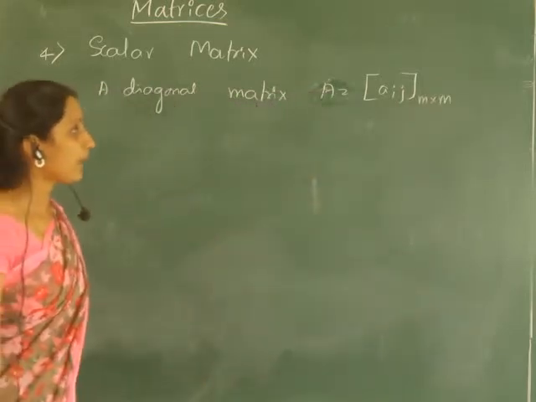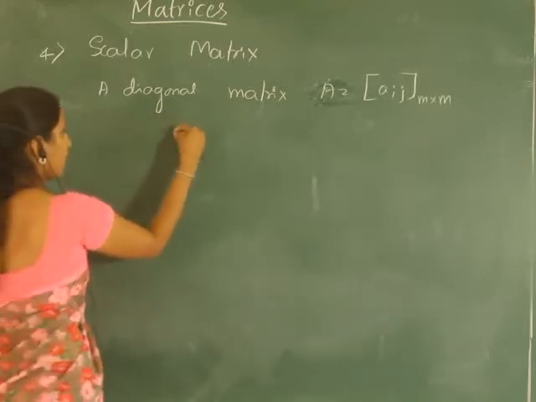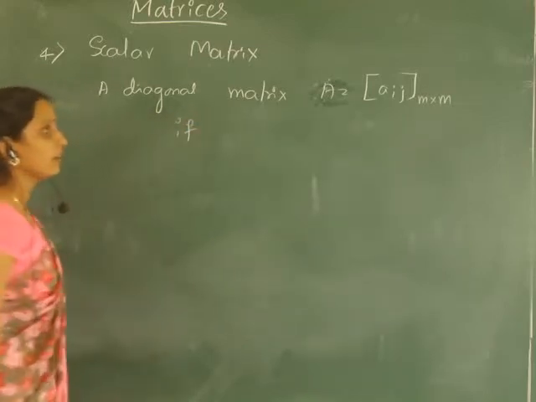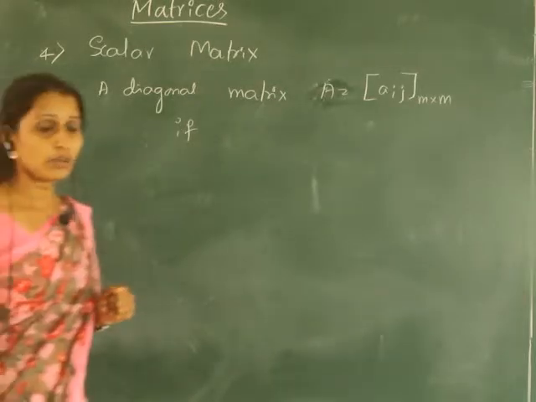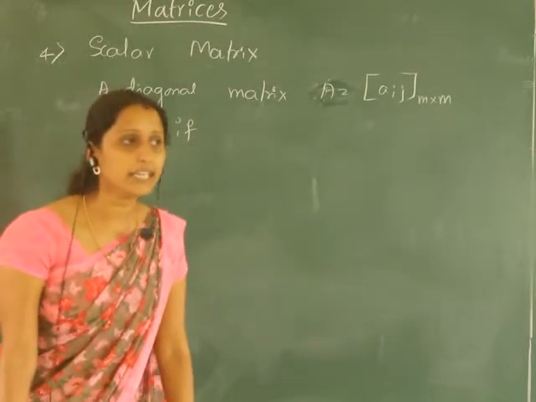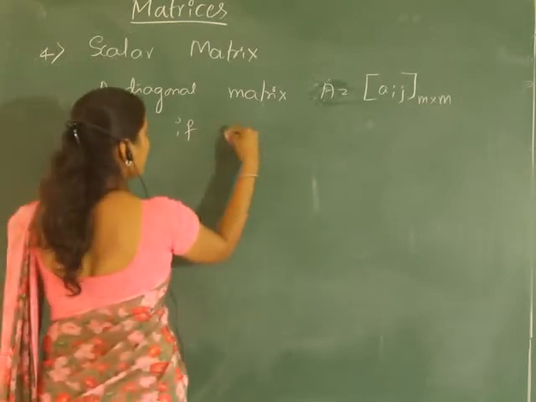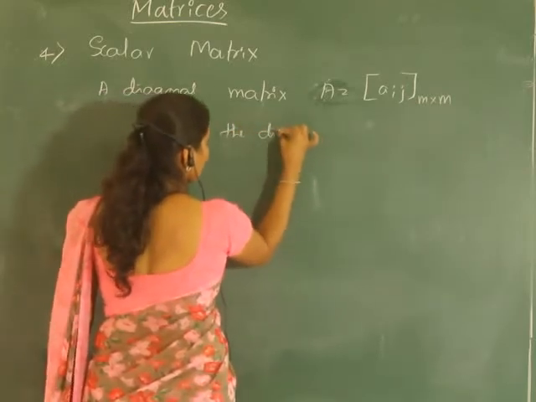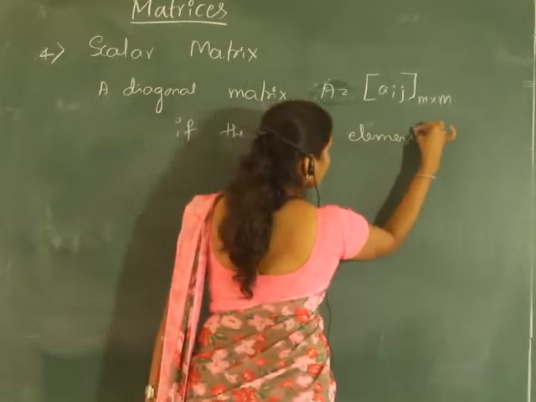So this m cross m matrix A is said to be a scalar matrix if the diagonal elements are equal. Already it is a diagonal matrix. So a diagonal matrix is said to be a scalar matrix if the diagonal elements are equal.